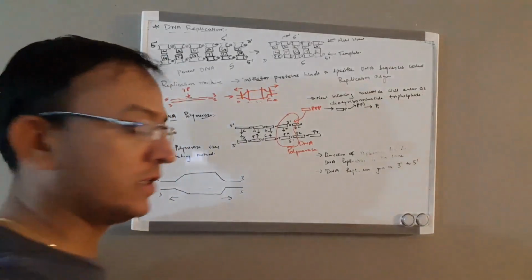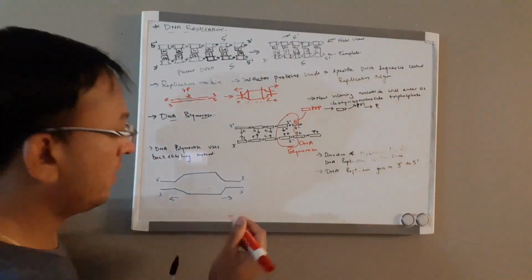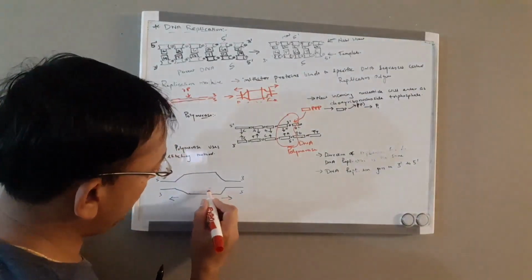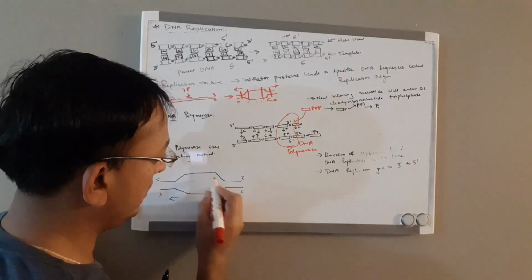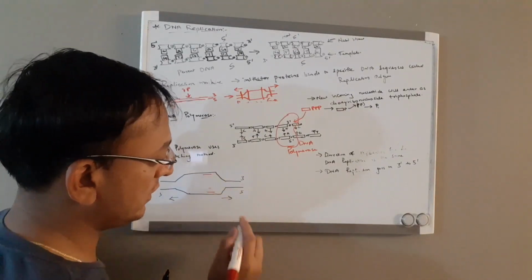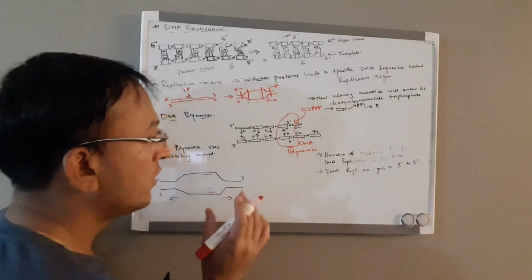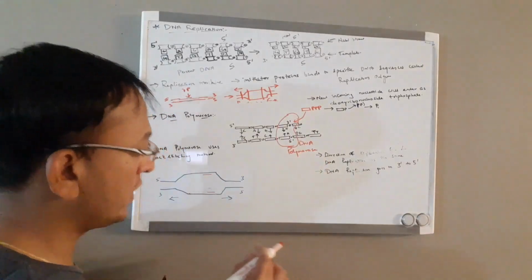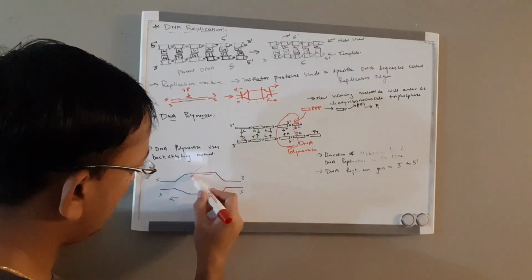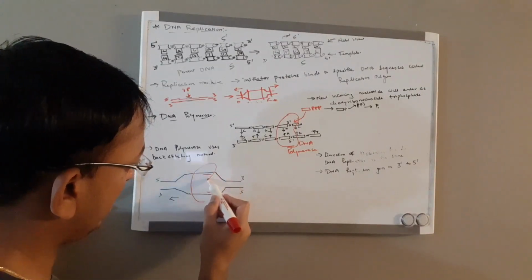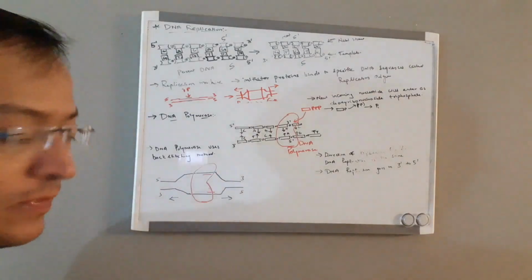So we have this replication, the new DNA that is being made. This is here, on both sides. So what does the DNA polymerase do? For example, this is our DNA polymerase, right?